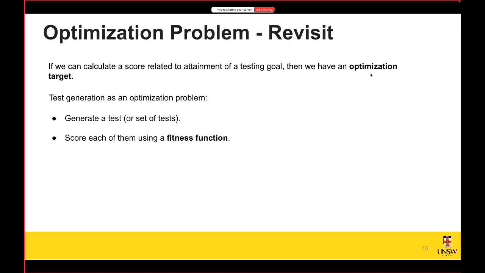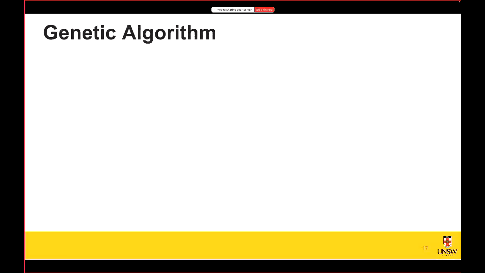Then we can try to manipulate the solutions we have according to some search strategies. And this manipulation here is the meta-heuristic. So this actually gives us the body of the genetic algorithm.